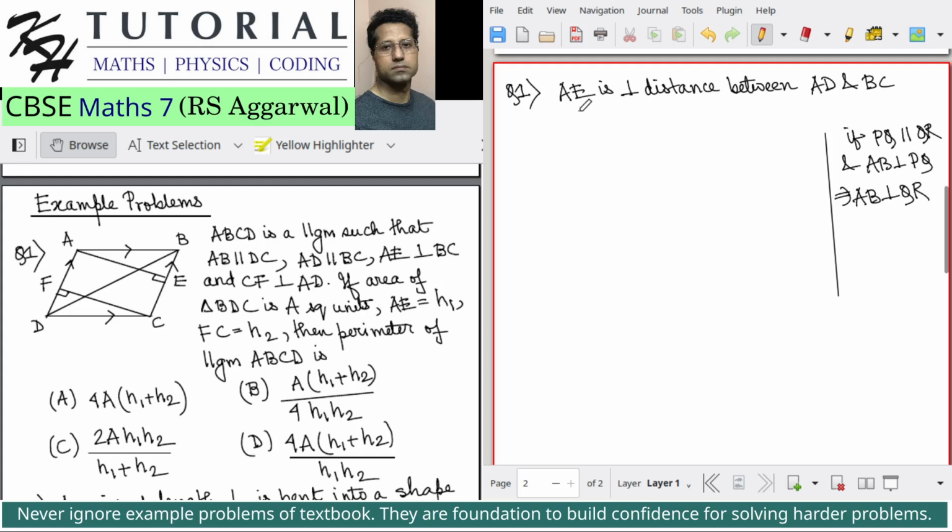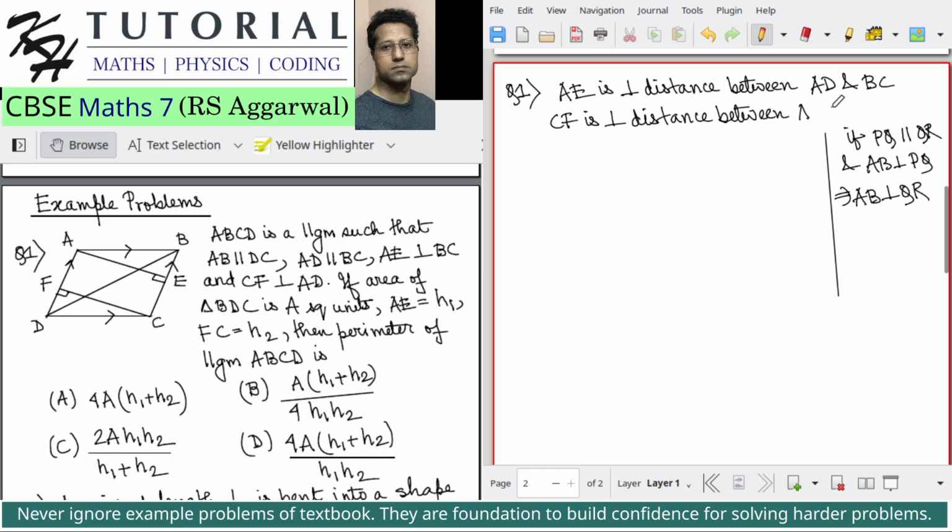Okay, so we must have CF as the perpendicular distance between AD and BC, and CF is perpendicular to AD.